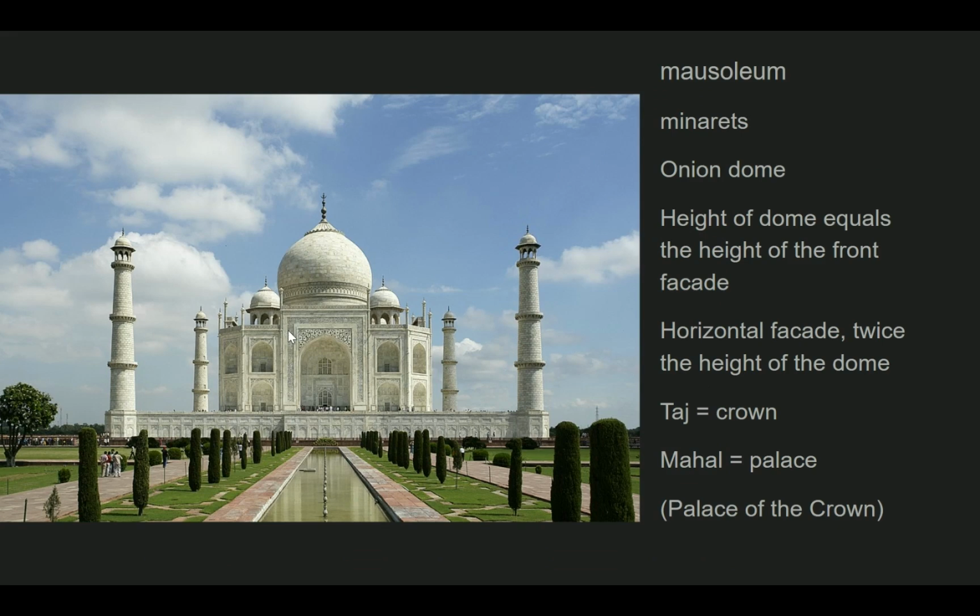Now, some interesting architectural elements: we're looking at this more from ground level, but if we were looking at it directly in front of it, you'd be centrally placed. You'd be able to tell that the height of the dome is equal to the height of this front facade. And then the size of the dome actually also fits into each half of the structure.